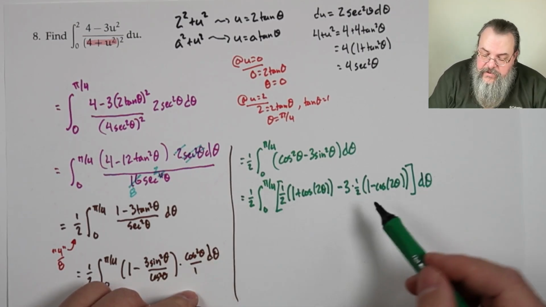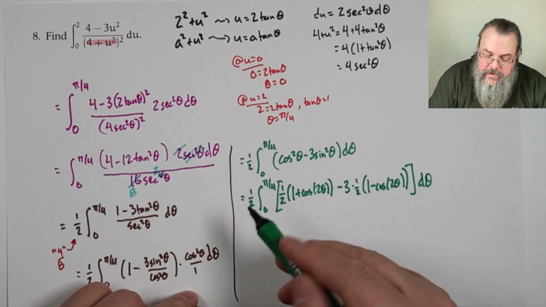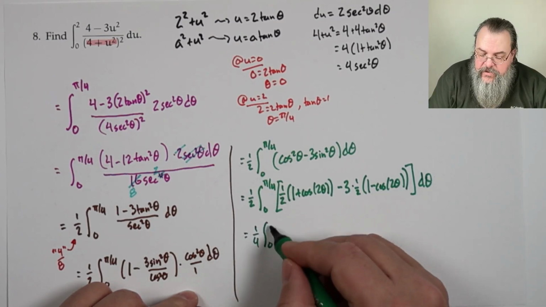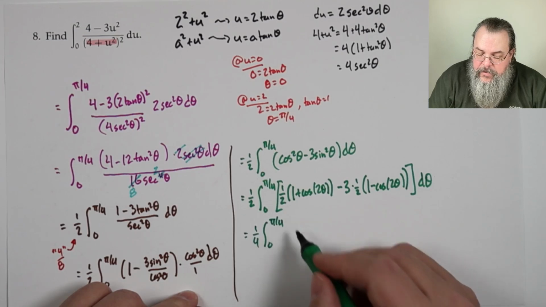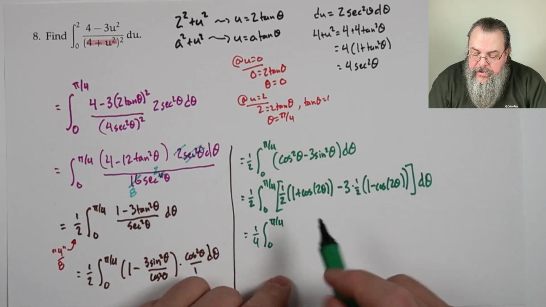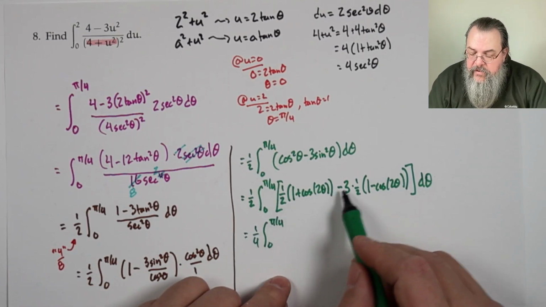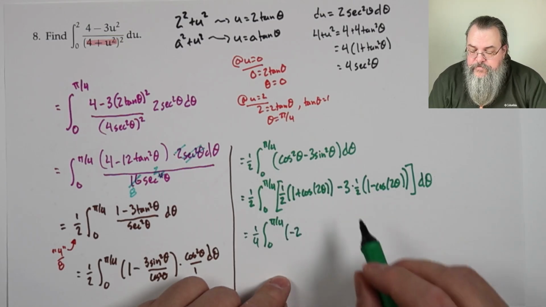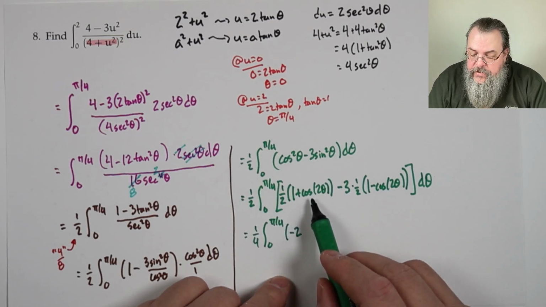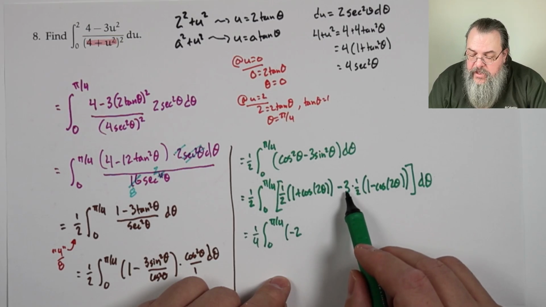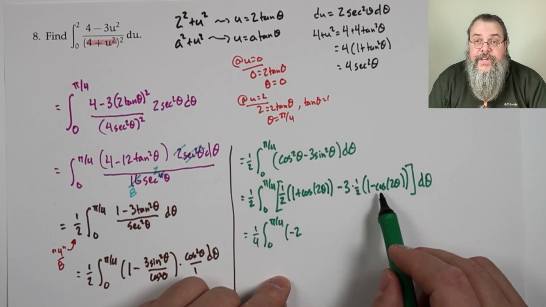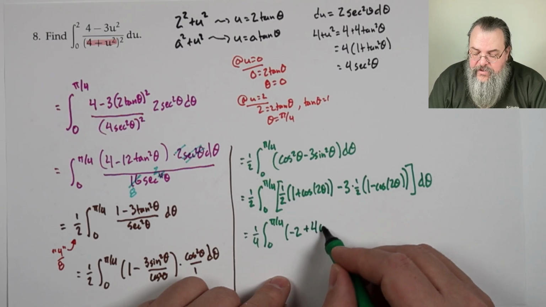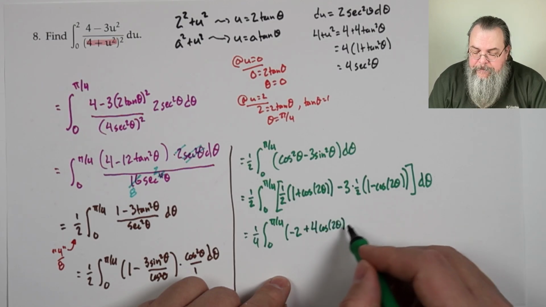We can go ahead and pull out that 1/2 again during the other 1/2. So we have 1/4 integral 0 to pi over 4. And what do we have here? Well, we have 1 minus 3, that's minus 2, cosine 2 theta plus 3 cosine 2 theta. So that's plus 4 cosine 2 theta.